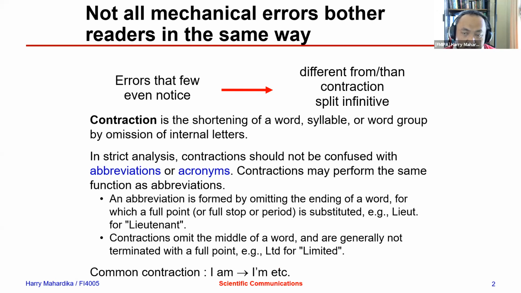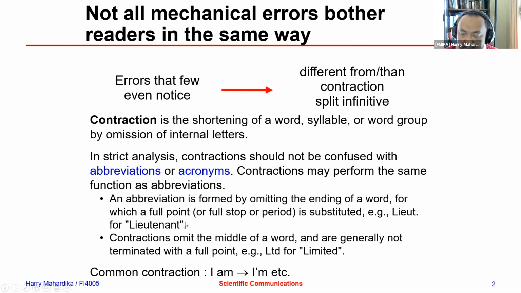Okay, the first one is contractions. For example, the way you simplify a certain word into a certain shortening of the word. There are some rules for that. For example, given here is for rank in the military.